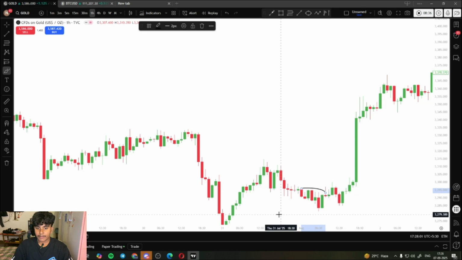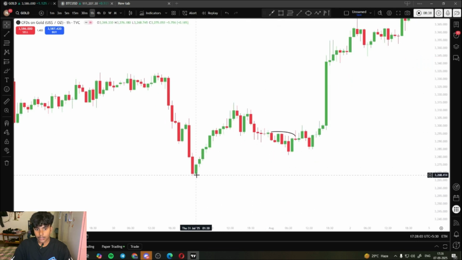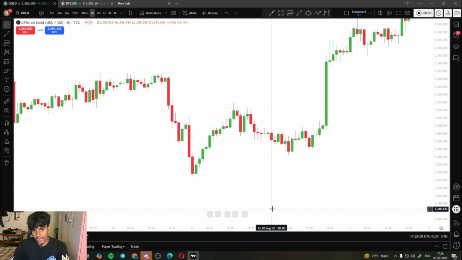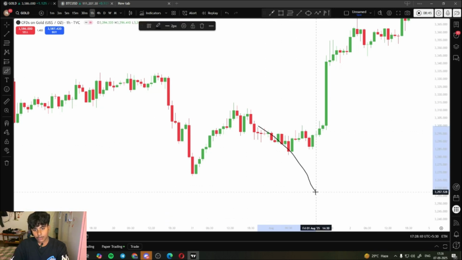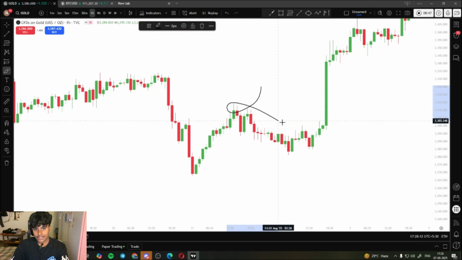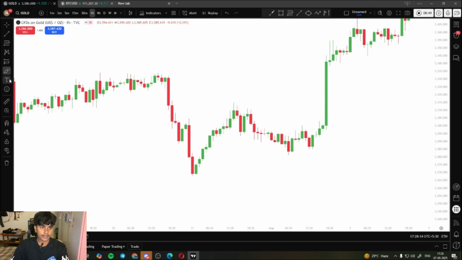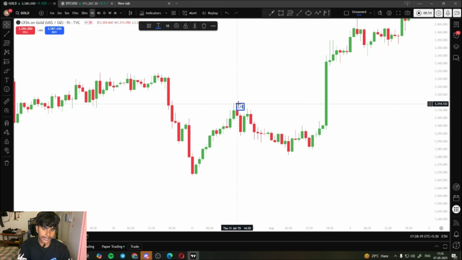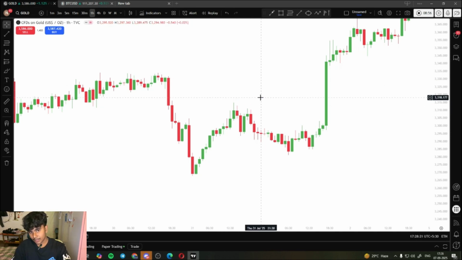No, because we don't have any new lower low below this level. We haven't formed a new lower low below this level, so it is not considered a new lower high. This is simple.